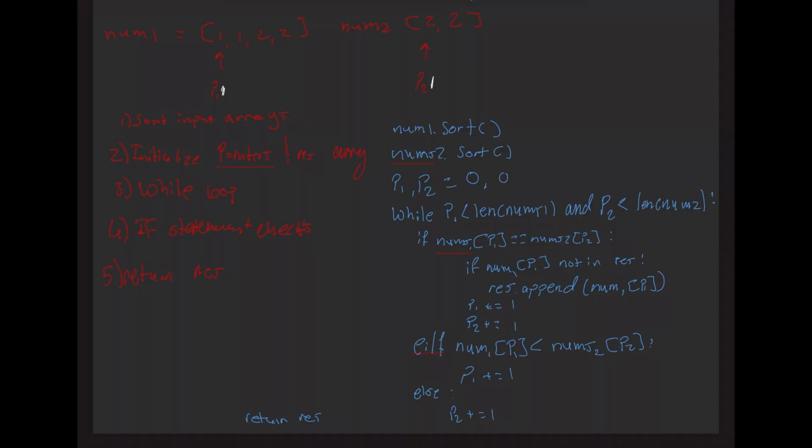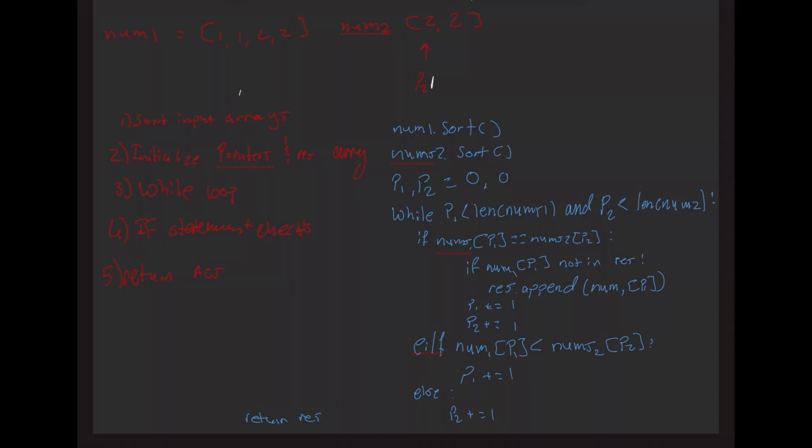It is, so we're going to tell our P1 to come down here, and then we're going to iterate through the loop again. And we don't have a match, and is this condition still valid? Is P1 still less than P2? It is.